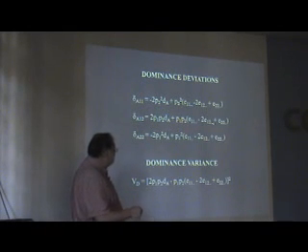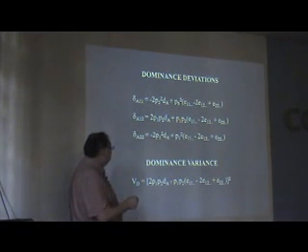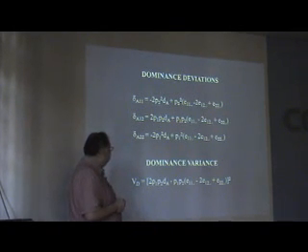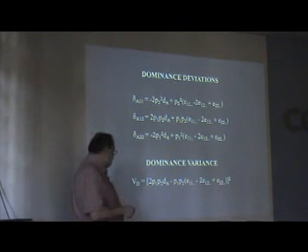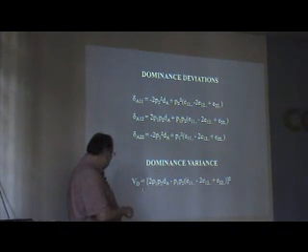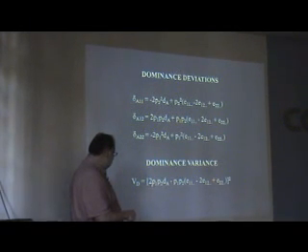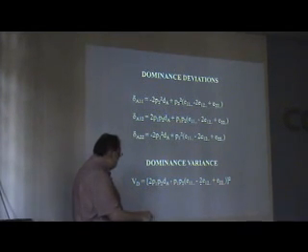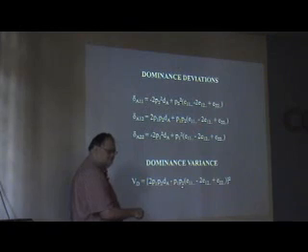However, we see that there's an additional term here, including those epistatic genotypic values. And then to get the dominance variance, this is what you'd have from Falconer, 2P1P2 times dA, the whole thing squared. And we've added in then an epistatic term.